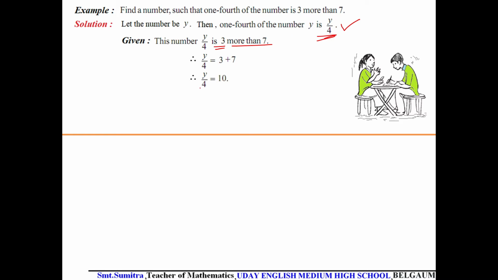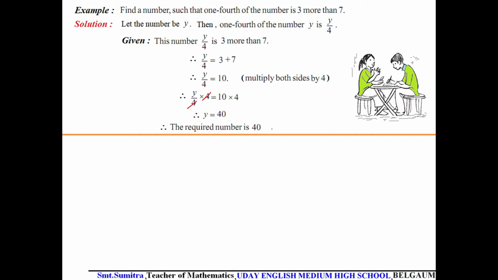To cancel this 4, we multiply both the sides by 4. Left hand side into 4, right hand side also into 4. So cancel 4, we get y equal to 10 into 4, 40. The required number is 40. Hope you understood. Simple solution.